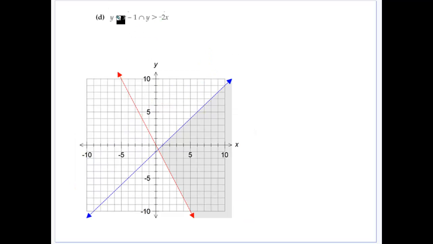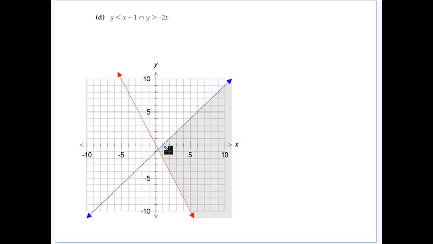So we see this one here, y is less than x minus 1. So x minus 1 will be the blue line because it's got a positive gradient, goes through minus 1. We test 0, 0, and 0 is not less than minus 1, so it's not in there. So it's shading everything below the blue line there. Y is greater than minus 2x is the red line. It goes through the origin there, so we test another point.